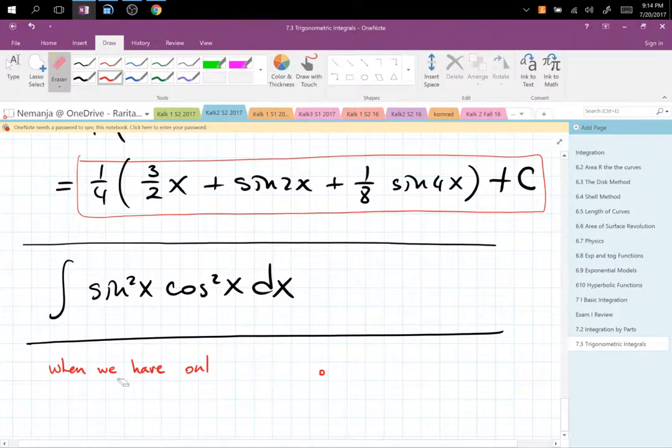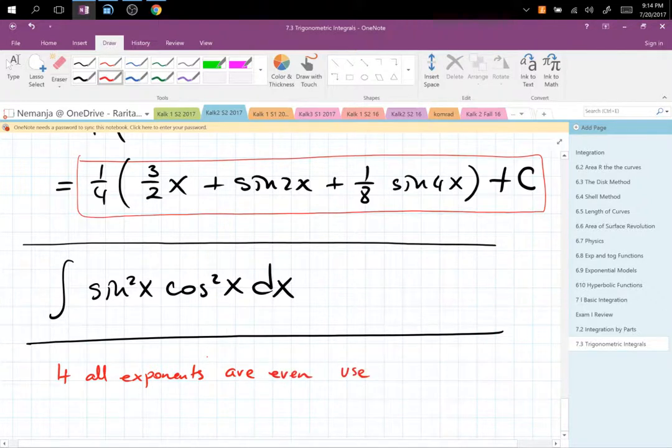If all exponents are even, use power reducing. That's it. End.